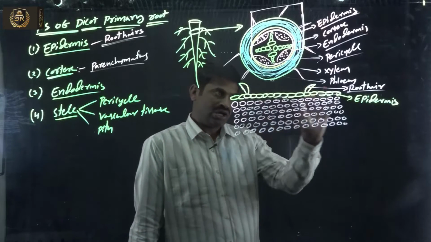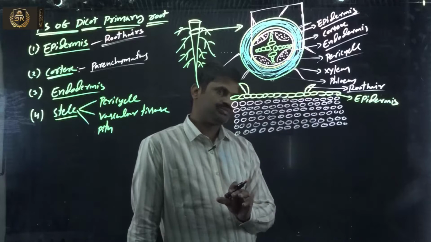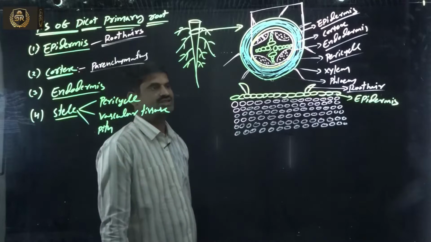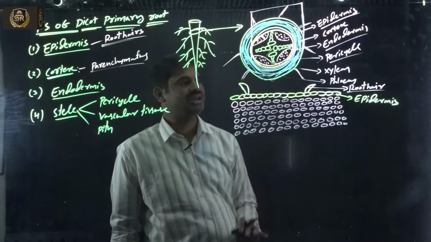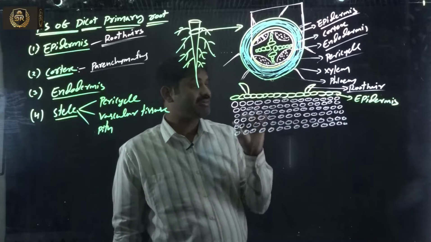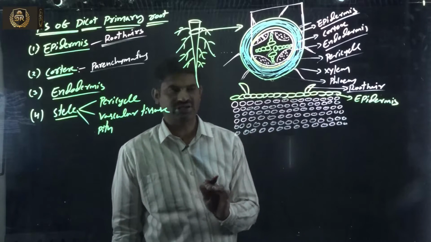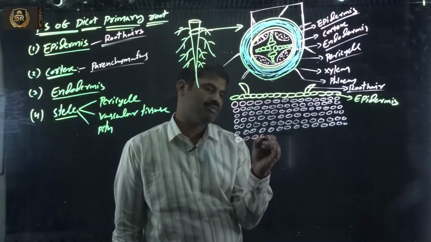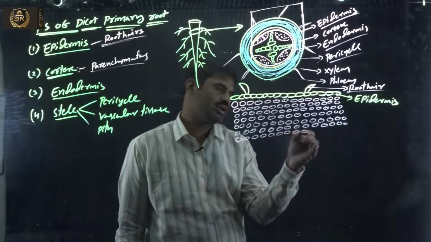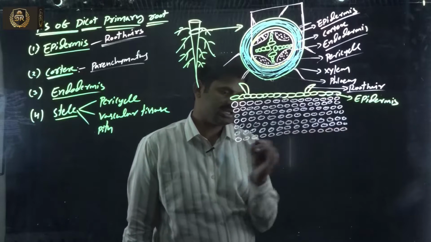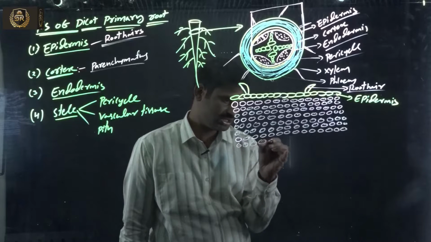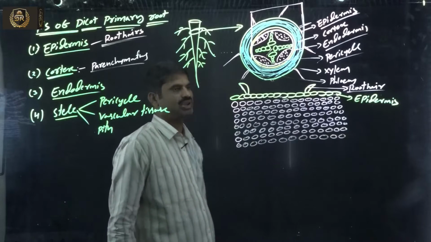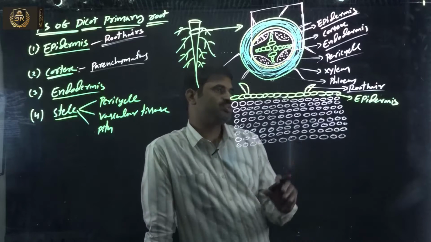Below the epidermis, the part is called cortex. Cortex is multicellular, multiseriated, meaning made up of many cells in many lines. Intercellular spaces are present. The main function of the cortex is to store food material.